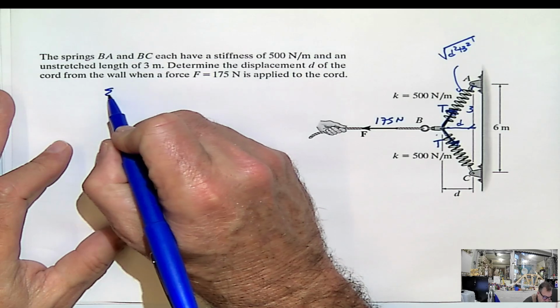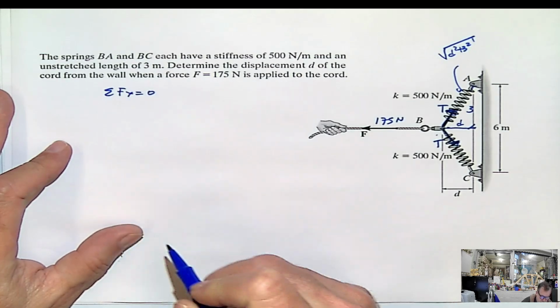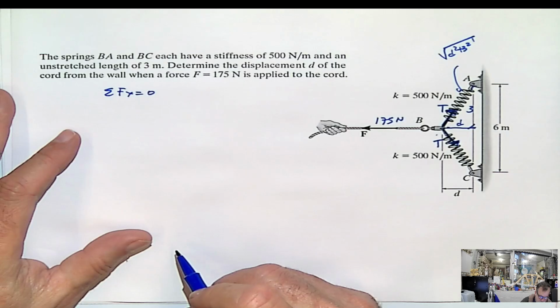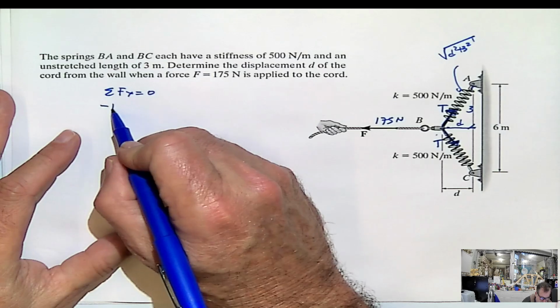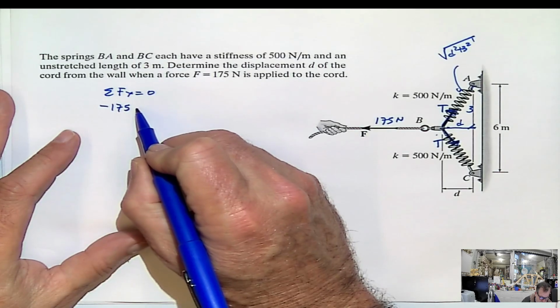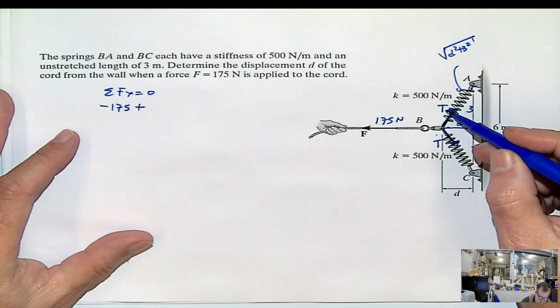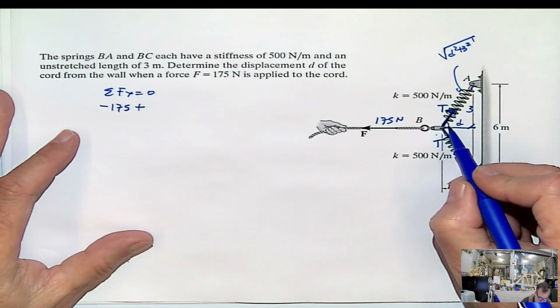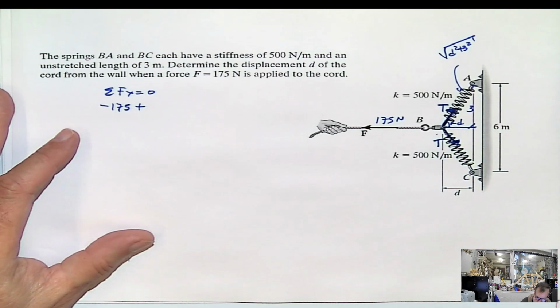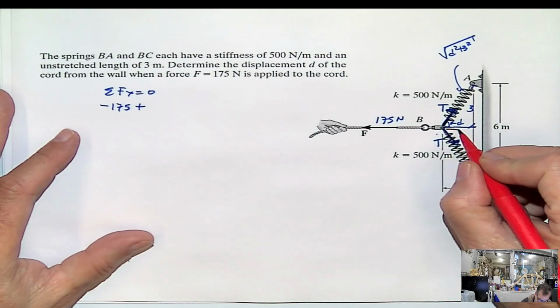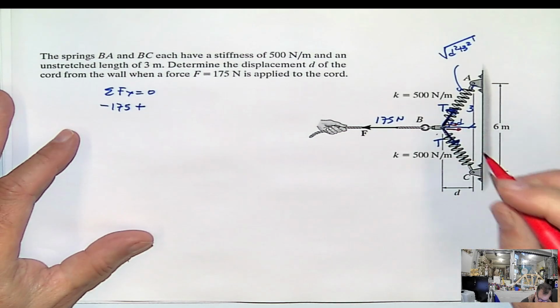We have summation of forces in x equals 0. And if I do summation of forces in x equals 0, what do you get? You get negative 175 plus T plus T, but it's going to be cosine of this angle. The horizontal component for this case, these and these are the same.